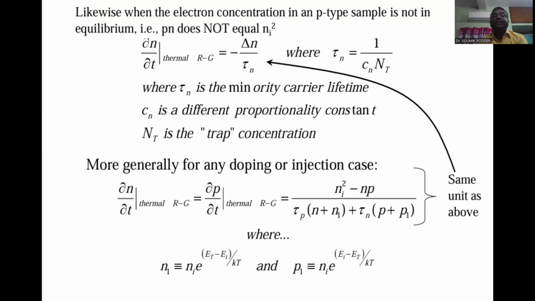Similarly, d(delta n)/dt equals minus delta n by tau n, where delta n is the excess electron concentration and tau n is the minority carrier lifetime.